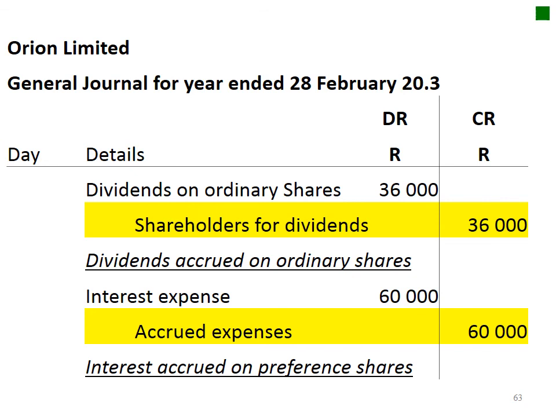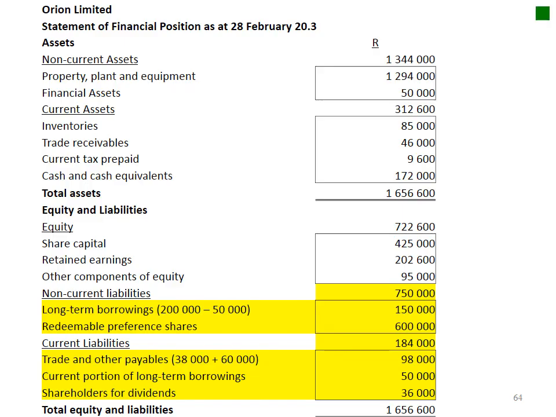So you will remember we had shareholders for dividends of 36,000, that was the ordinary shares. And we also had accrued expenses for the dividends on the preference shares. So those two amounts are showing under the current liabilities section of the statement.